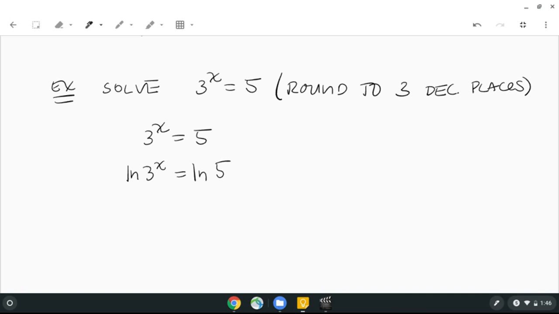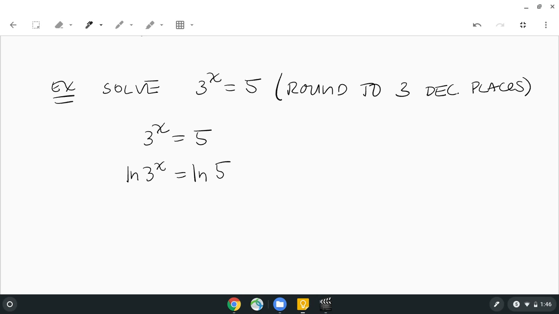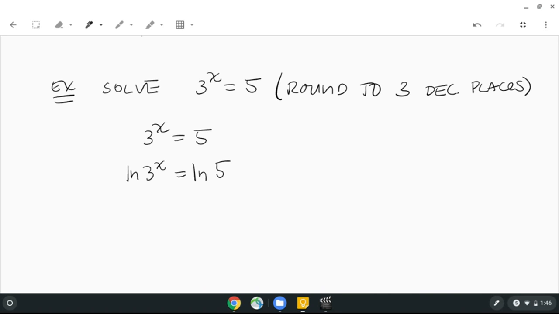If you're at home and you want to check to see if you use log base 10 to solve this, you can do that. You can use your log button and then see if your answer is the same as mine. Okay, so here, taking the log of both sides allows me to bring the x down to the front. And then here, I can solve for x.